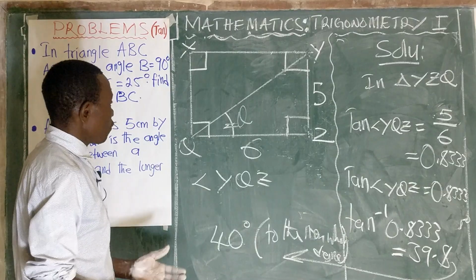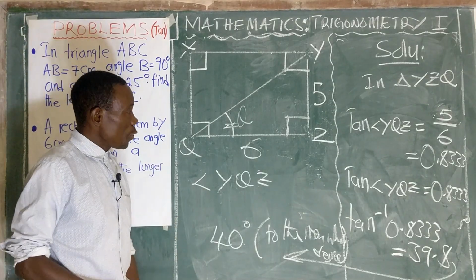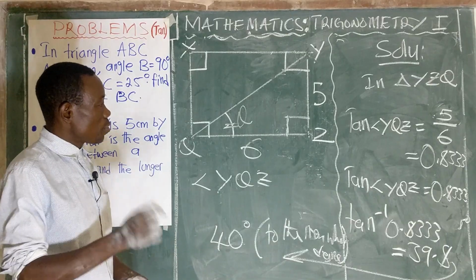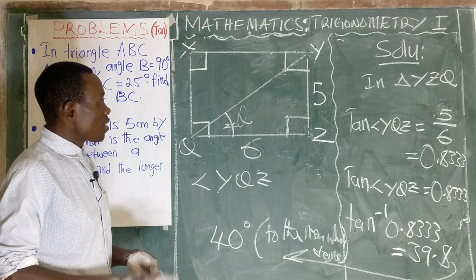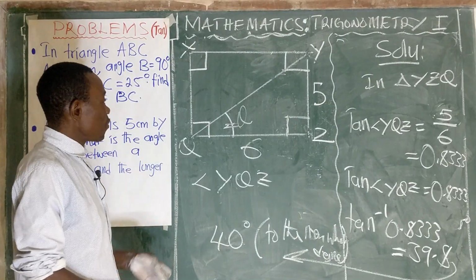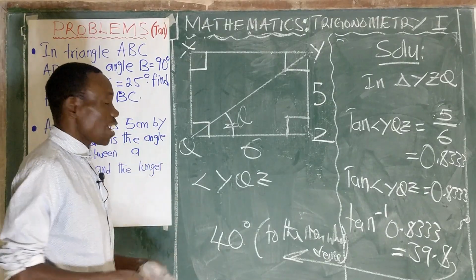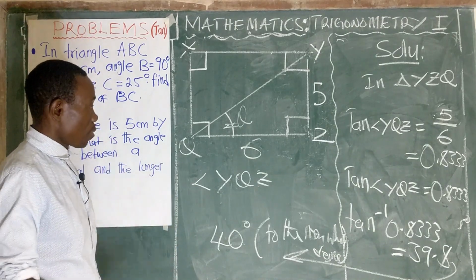Thank you very much again. I hope that now you know what trigonometry is, you know the ratios, and by this time you also know how to use the ratios to work out problems.